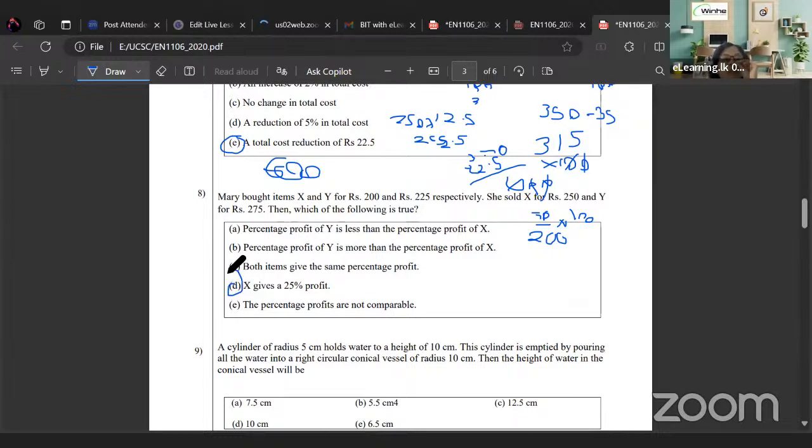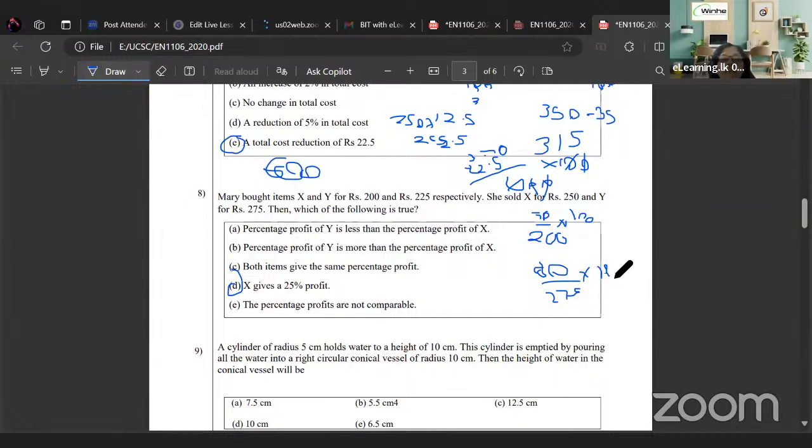Y for 275 means it is also having 250 divided by 275. Right?